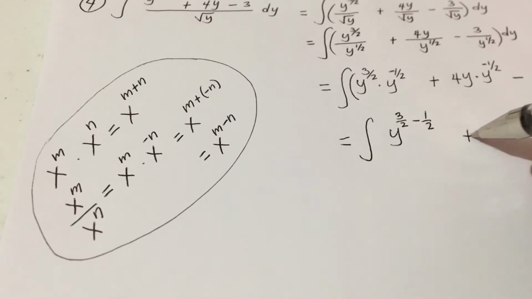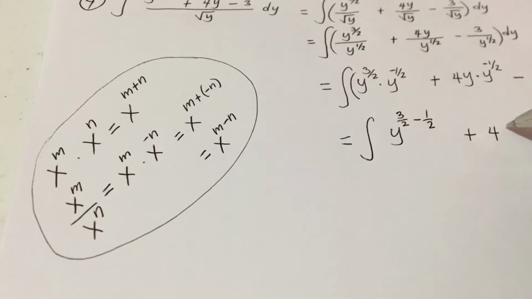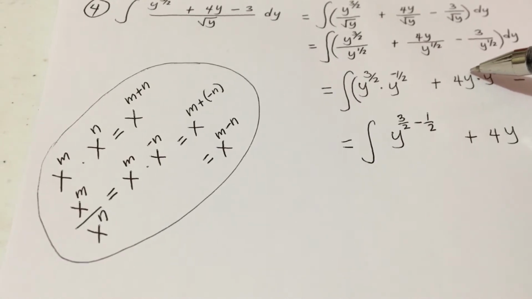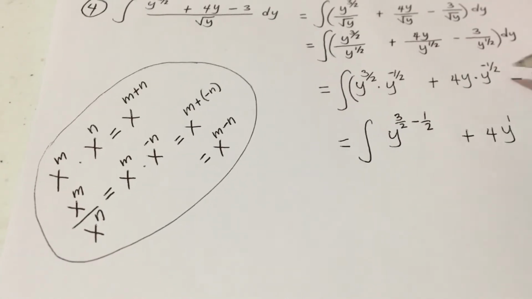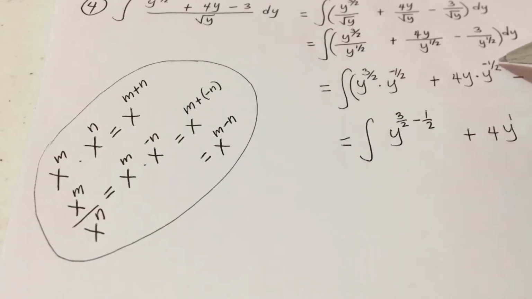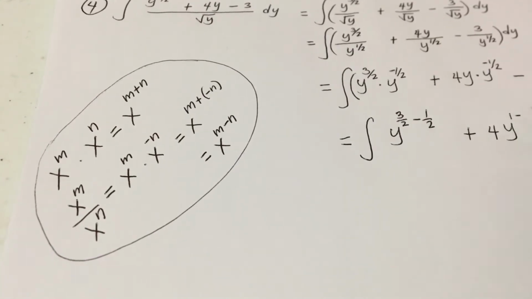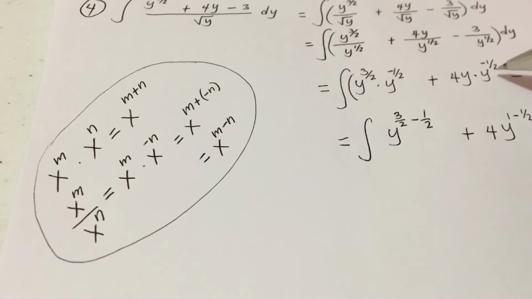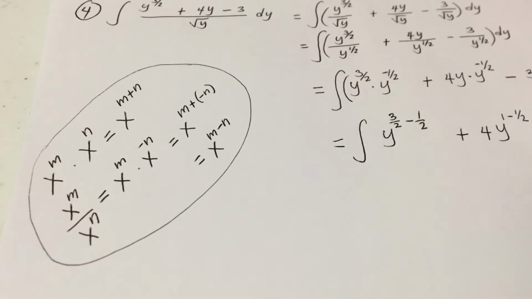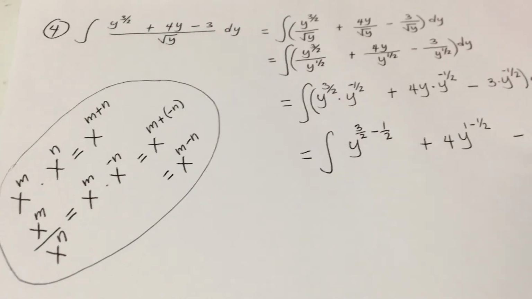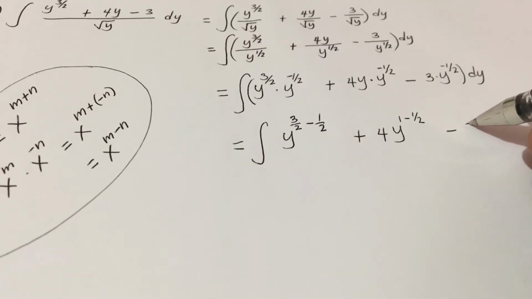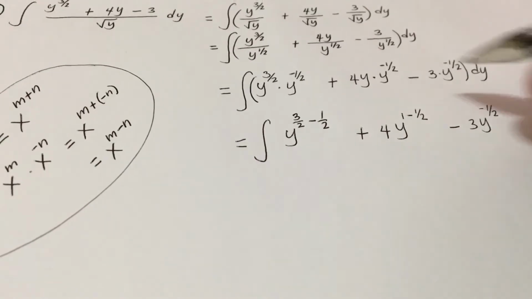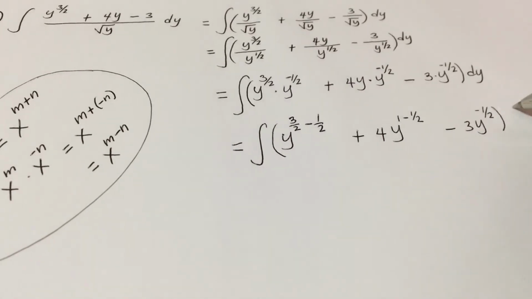So plus 4 times y to the, this is understood to have an exponent of 1. So we have 1, then multiplied by y to the minus 1/2. So you just subtract by its exponent for the second y. Then minus 3 times y to the negative 1/2, again multiplied by dy.